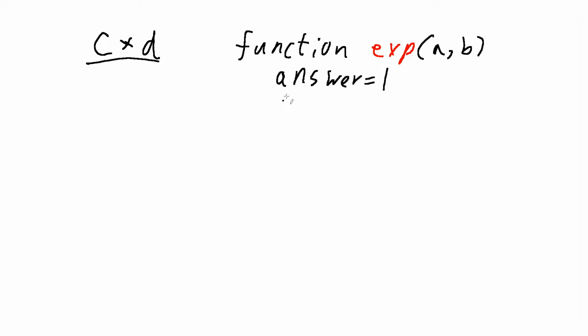And if we're doing multiplication of a by itself b times, we can use an iteration for this.